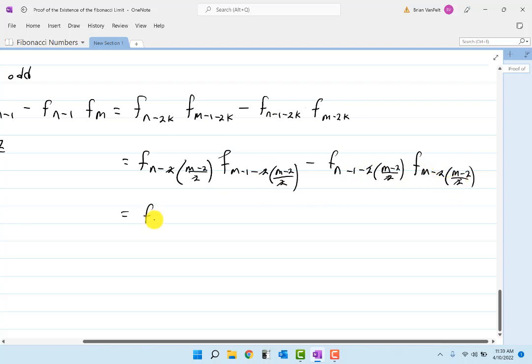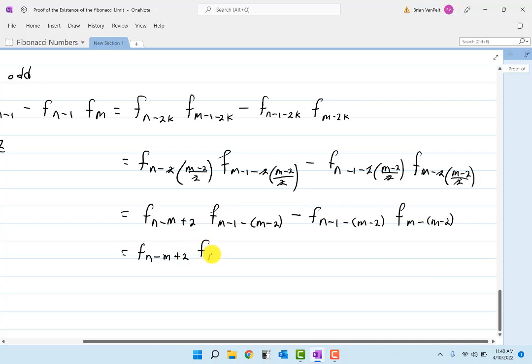And we have f sub n minus m plus 2, f of m minus 1 minus m minus 2, minus f of n minus 1 minus m minus 2, f of m minus m minus 2. f sub n minus m plus 2, f sub 1, m minus 1 minus m plus 2 is f sub 1.